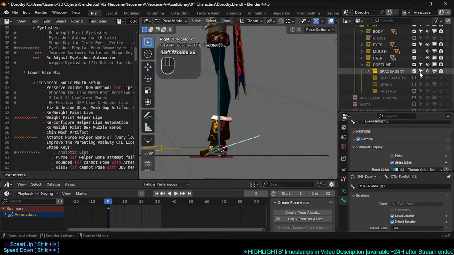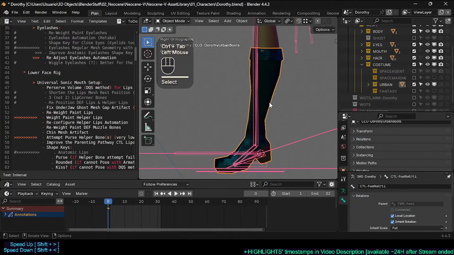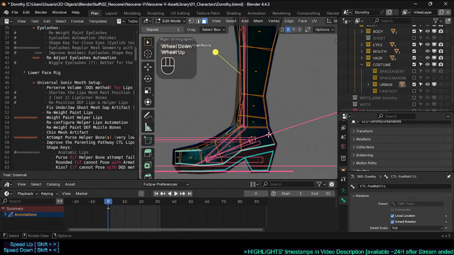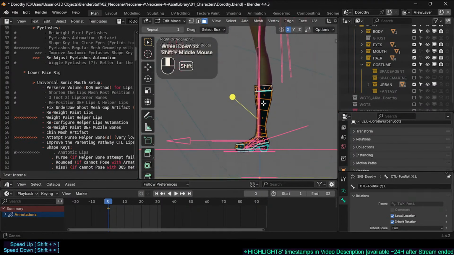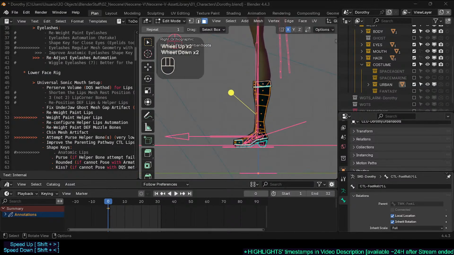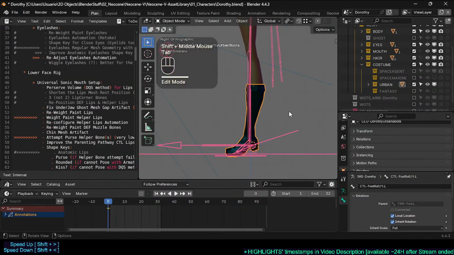This costume she's wearing here is the urban, and when I modeled these boots, they were not adapted to the high heel boots setup. So this means I will have to redo the setup of the high heel boots, at least for the boots mesh object, for the same character but a different costume.